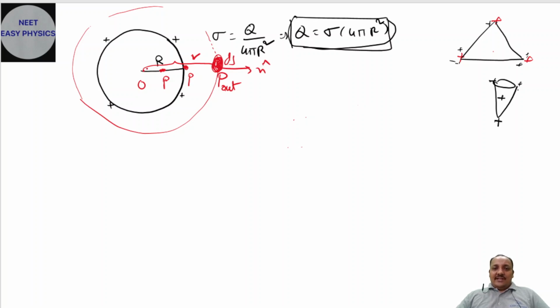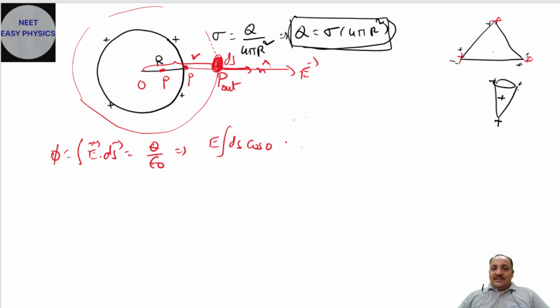For positive charge, the electric field intensity is always away. So according to Gauss law, the integral of E bar dot ds bar is equal to Q by epsilon naught. So E ds cos 0, because both n cap and E are in the same direction, is equal to Q by epsilon naught. So E, what is integral ds? Yes, Q by epsilon naught.